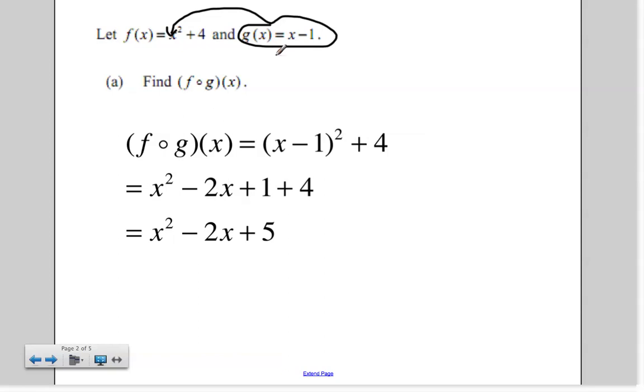By doing that, we get the equation f of g of x is equal to x minus 1 squared plus 4. And now we just expand the brackets, so FOIL the x minus 1 to get x squared minus 2x plus 1, and then add the 4, and we are left with the final equation of x squared minus 2x plus 5. And that's your f of g of x equation.